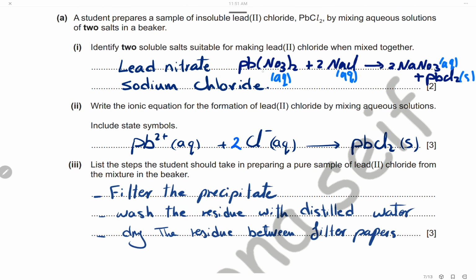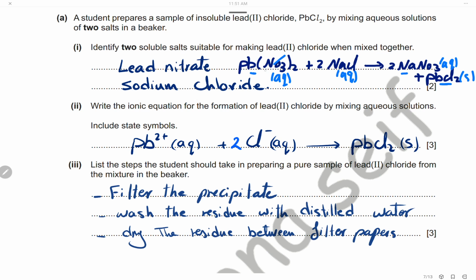Here is the equation for the reaction between lead nitrate and sodium chloride to form the insoluble salt lead chloride and sodium nitrate. To write the ionic equation, first we will remove the spectator ions, which have the same charge and the same state symbols in both the reactants and the products. These ions didn't take part in the reaction, so they will be removed.